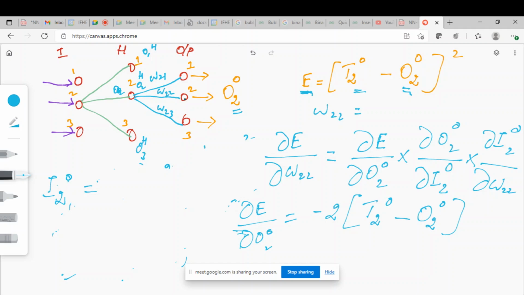It is O2H into W22. Right, so this is the input to the second neuron of the output layer.